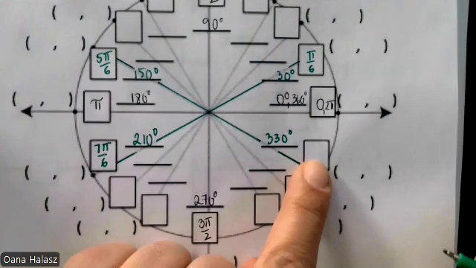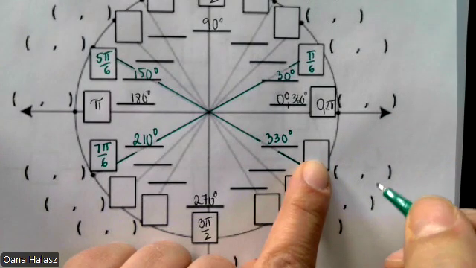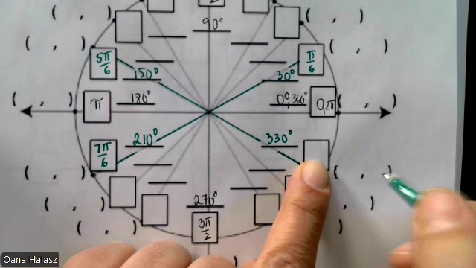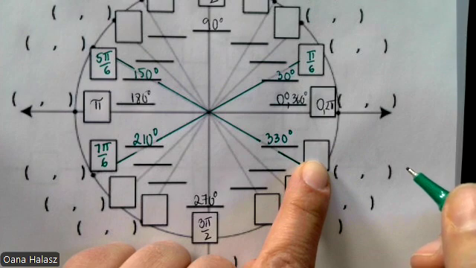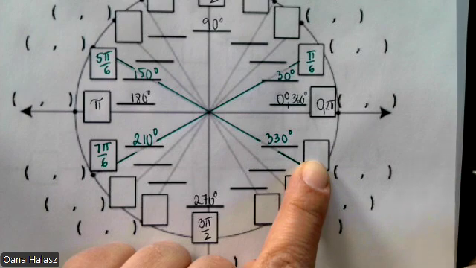And in quadrant 4, you want one less than what? The 2 pi. What's 2 pi in terms of pi over 6? That's right. So one less would be? One less than 12. Oh, yeah, 11, right?